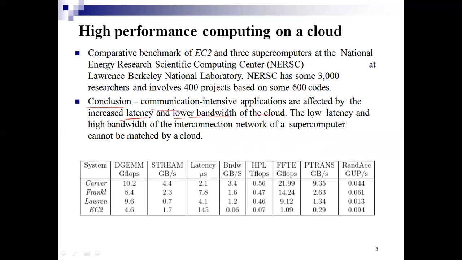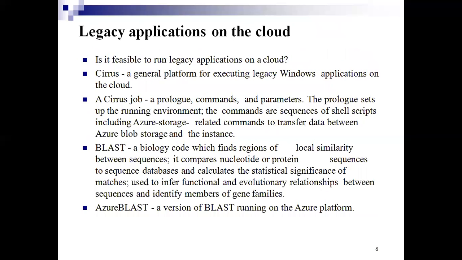The low latency and high bandwidth of the interconnection network of a supercomputer cannot be matched by a cloud. So this is with respect to high performance computing on a cloud.